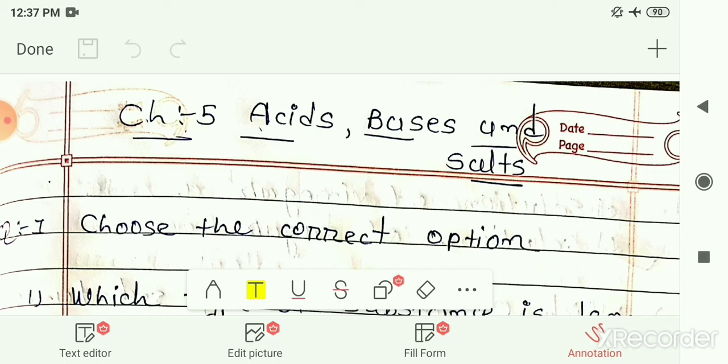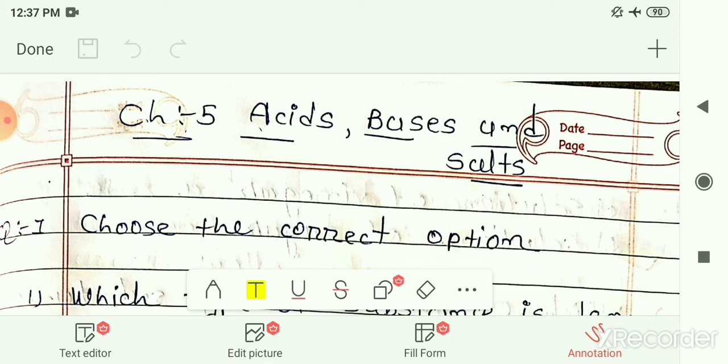This chemical reaction is called neutralization, in which acid and base react with each other and nullify the effect of each other, and at the end of the reaction they produce salt and water.